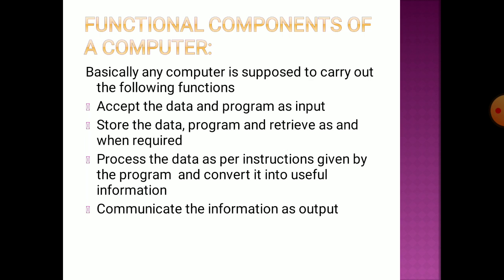Process the data as per the instructions means: whatever input is given by the program, whatever data you entered, or whatever instructions you had given to the computer, all that work should be carried out. That is called process.